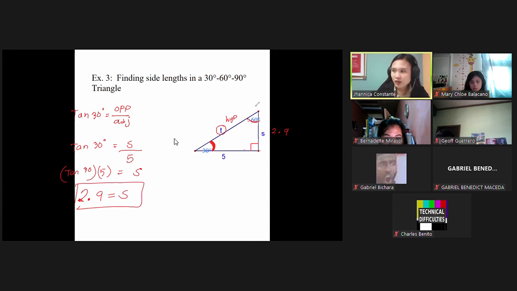Let's say we're going to use 30 degrees again. So for 30 degrees, we have the hypotenuse, and we're going to use the adjacent. Adjacent over hypotenuse has a ratio of your cosine. So your adjacent is equal to 5, hypotenuse is equal to t.